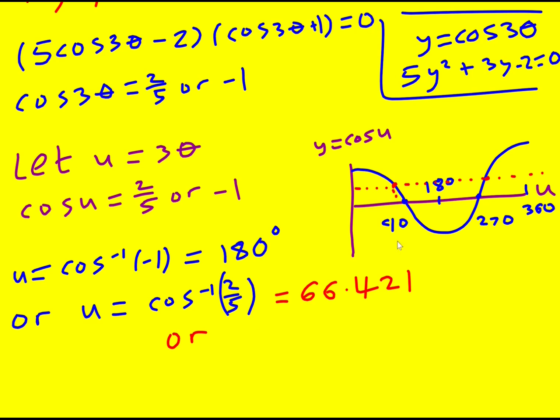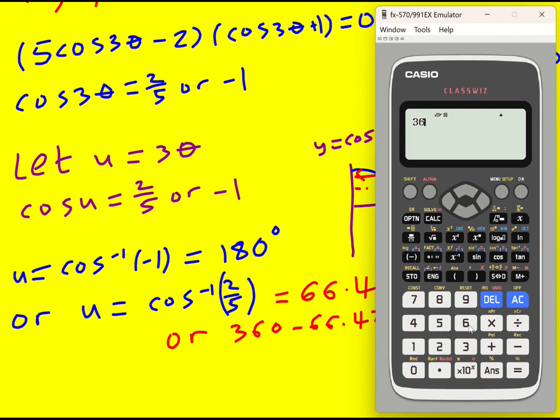Or, well, we use the symmetry of the curve, and this distance is exactly the same as this distance, so it's going to be 360 minus 66.421, which is 293.578.